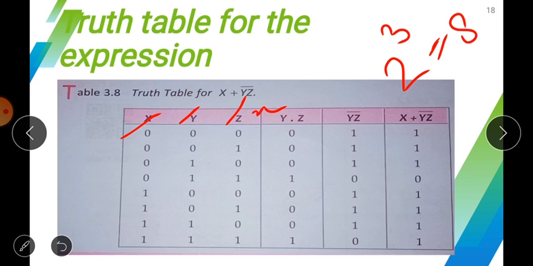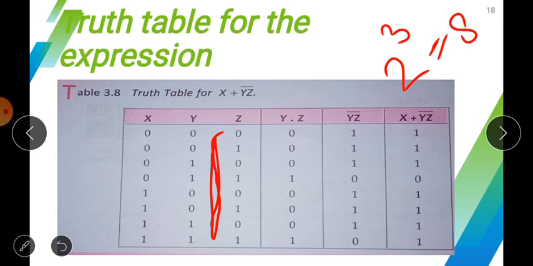First of all, write x, y, z, and it is important that the 0 1 0 1 pattern always starts from the LSB side, or from this side. The next column replicates by 2, means 2 zeros, 2 ones, and the third one is 4 zeros and 4 ones.